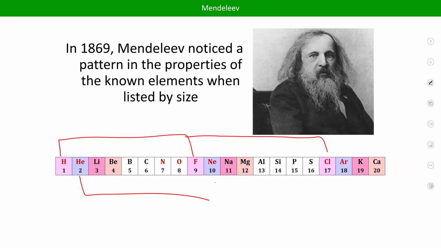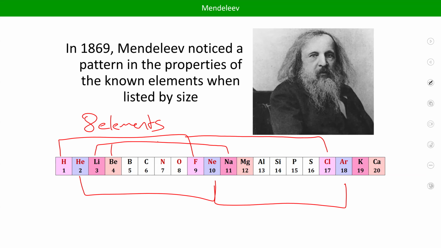Helium reacts in a similar way to neon, which reacts in a similar way to argon. And all of these similarities happened when they were 8 elements apart. So then lithium did the same thing with sodium, beryllium did the same thing with magnesium, etc.